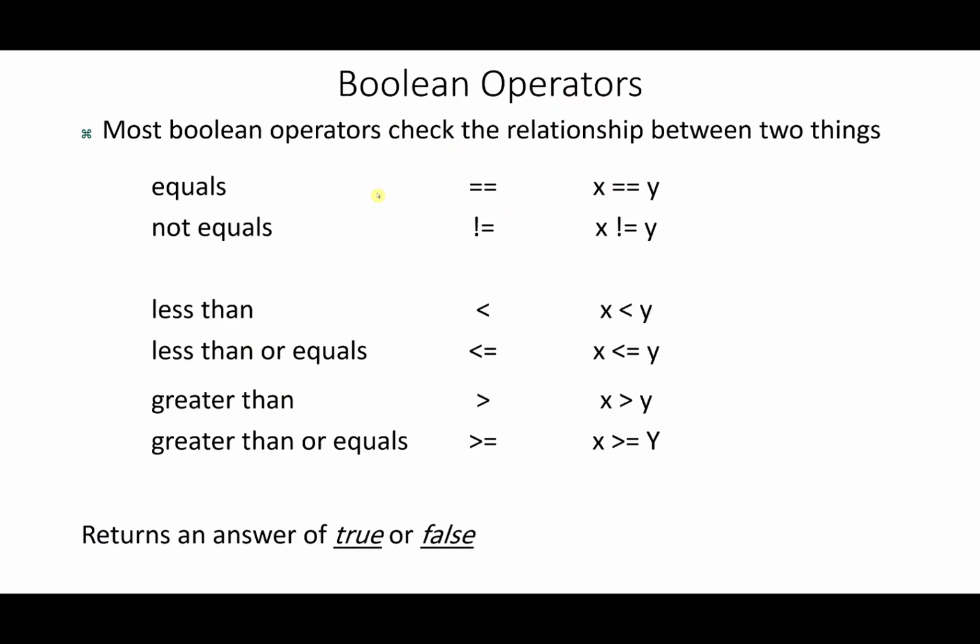So most Boolean operators check the relationship between two things. Equals, checking the equality between two entities. Now, one entity could be int and the other is int. One int and the other is character, because we know that we have a strong relationship between the characters and the integers.